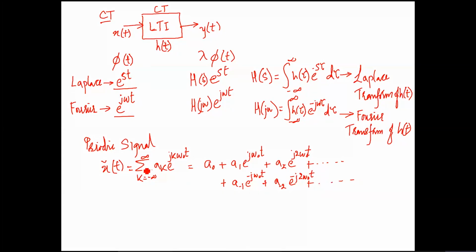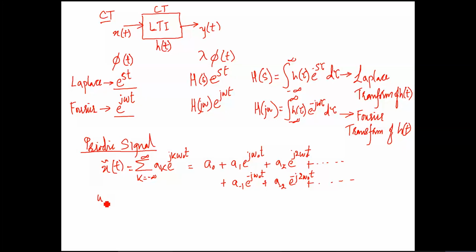So this is what Fourier gave us in addition: if you have any periodic signal, then you can express that in terms of a sum of scaled complex exponentials which are harmonically related, and it will have some fundamental frequency omega naught.